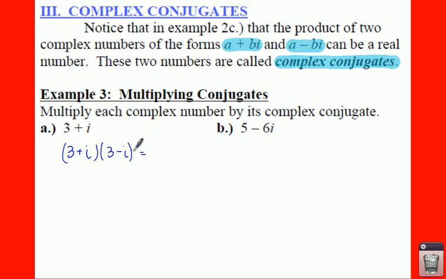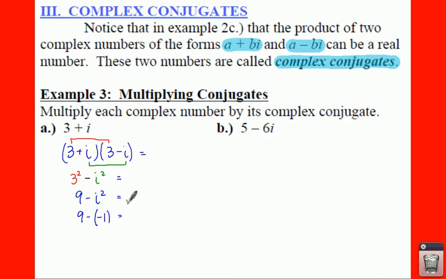Now the reason you do that is because then when you do a difference of squares, when you multiply these, 3 times 3 is 3 squared, put in the minus sign, and then you have to multiply i times i is an i squared.